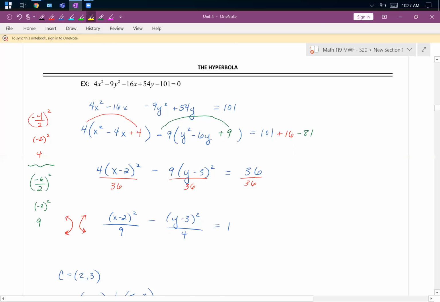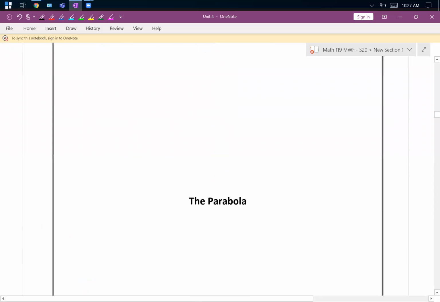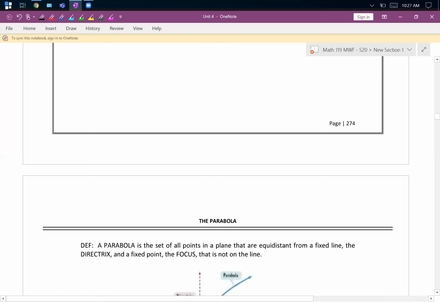All right, I'm going to move on to the next one. Let's introduce the parabolas. I know you're thinking, I already know everything about parabolas because I've been graphing parabolas. That's not true. Yes, you have been graphing parabolas, but we're going to be turning them sideways, and how we go about finding everything is totally different than what you've learned before. That doesn't mean what you've learned before isn't applicable.